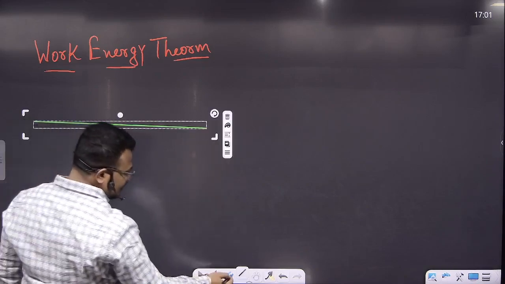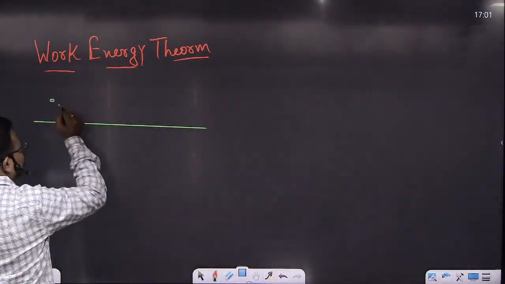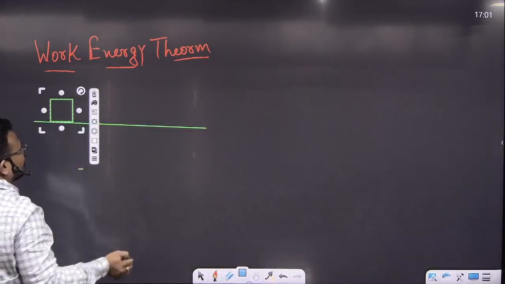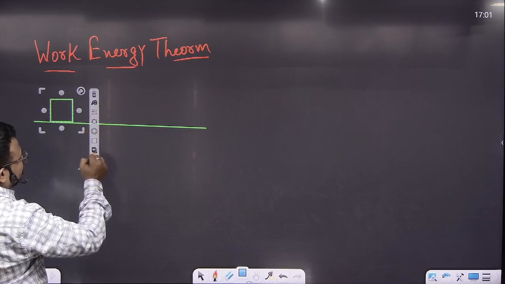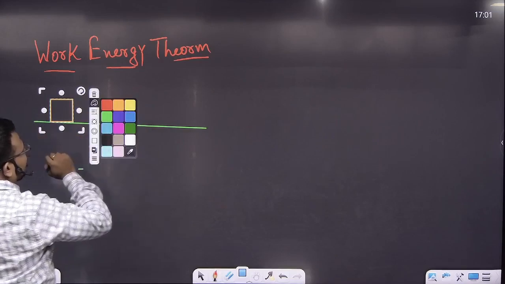I have taken one mass, and I am changing the color to yellow.